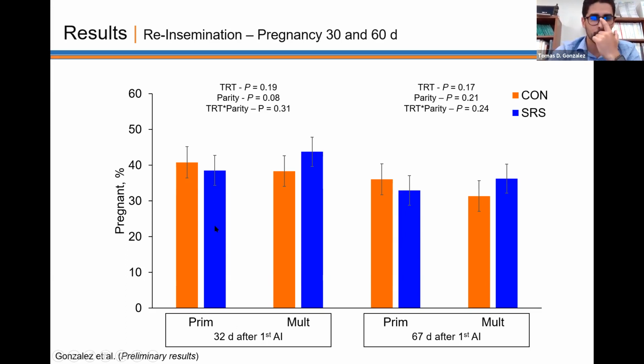So in the 32 days confirmation, according to the treatment, we have no statistical difference. In the parity, we have a tendency, and the treatment by parity, we do not have a statistical difference. In the 60 days reconfirmation, we have treatment, no statistical difference, parity, not a statistical difference, and the treatment by parity interaction, not a statistical difference.